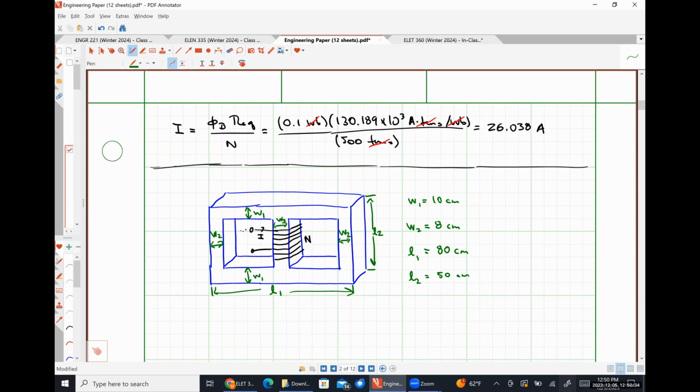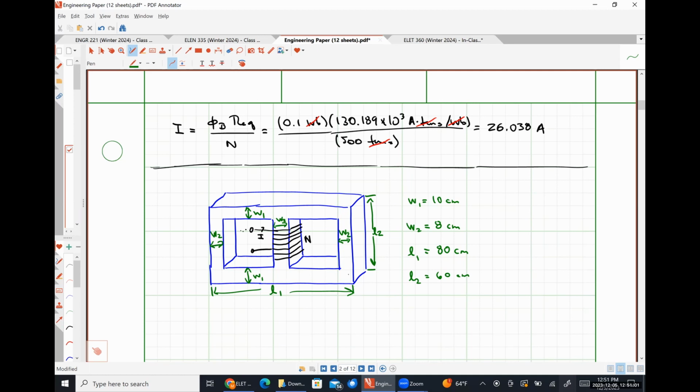That actually can't work out like that because 80 minus 10 minus 10 is definitely not 50. So let's change that to 60. That total distance should be the 80 minus W1 minus another W1.